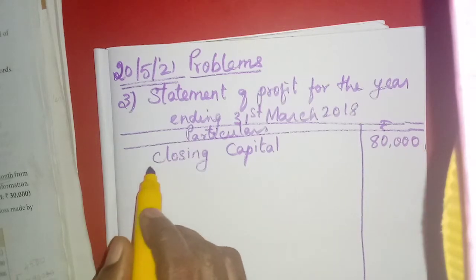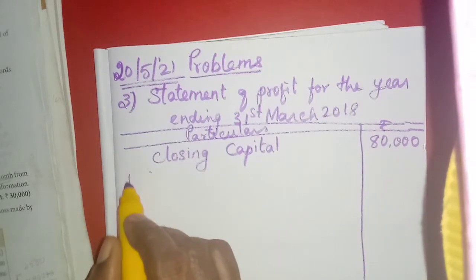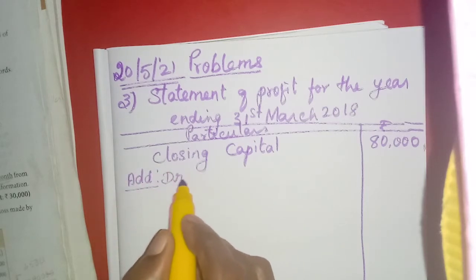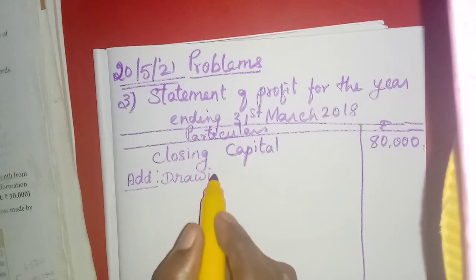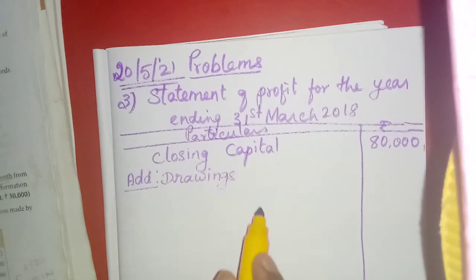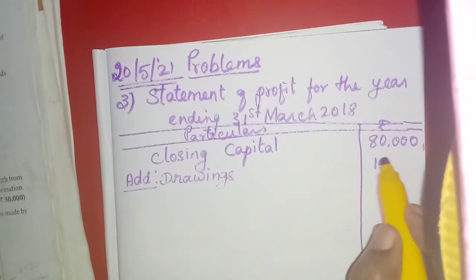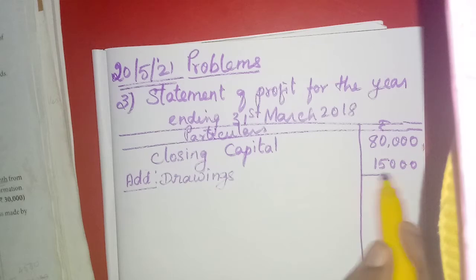Add drawings. Drawings how much? 15,000. So 95,000.